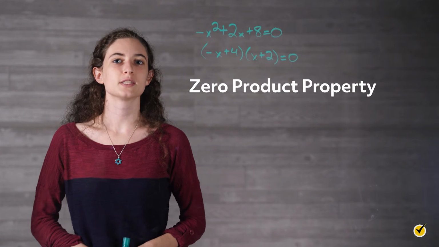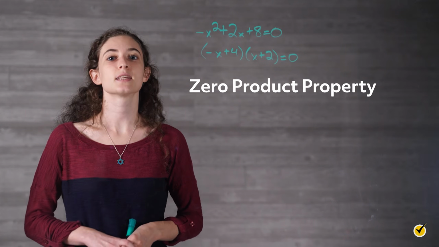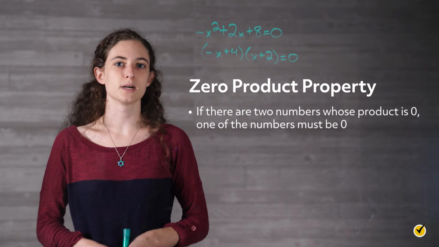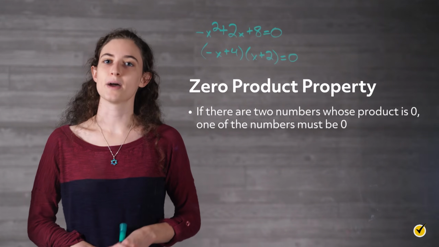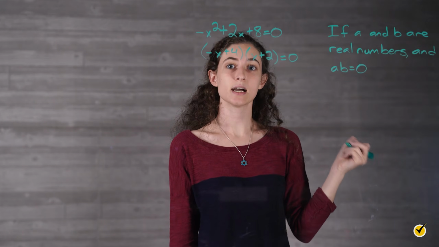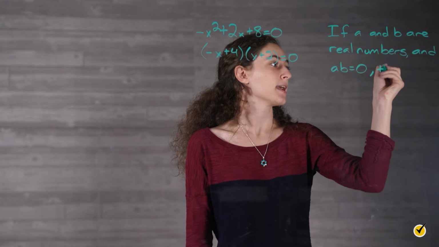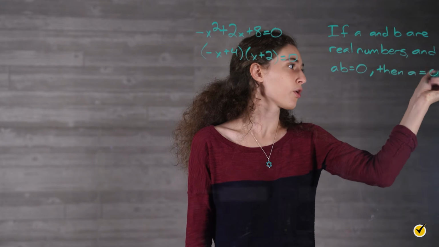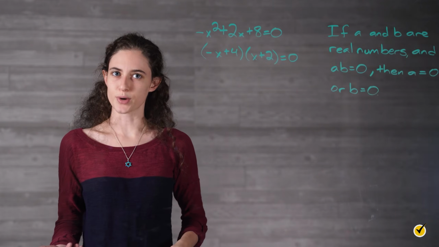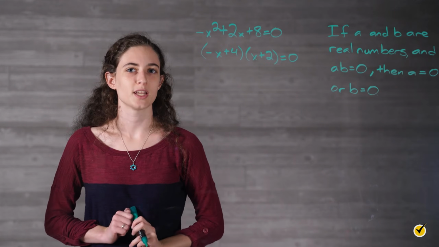There's a property called the zero product property that says that if there are two numbers whose product is 0, one of the numbers must be 0. In more mathematical terms, if a and b are real numbers and a times b equals 0, then a equals 0 or b equals 0. Makes sense, right?